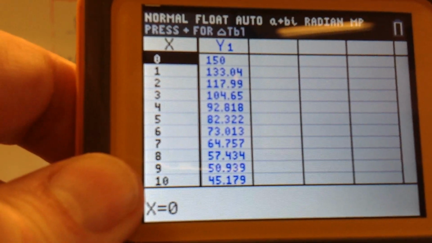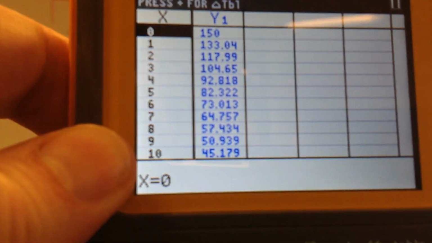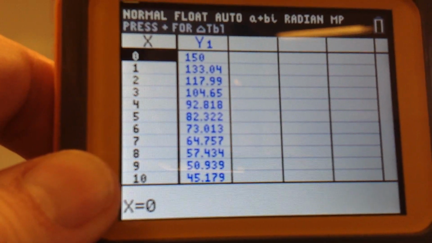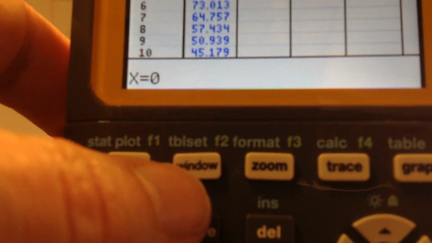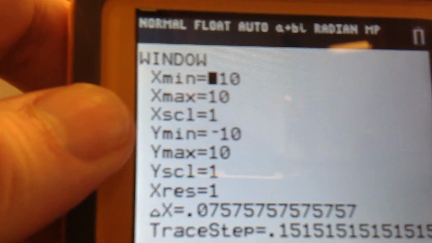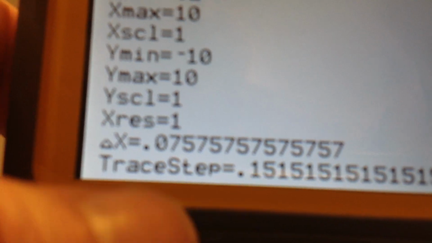Okay, so now you can see when x is 0, y is 150, and it goes down from there. So we really have to play around with our windows here, okay? So the t is being measured in hours, so I'm going to hit that window key. The t is measured in hours, so we're going to take positive values. I'll make the x minimum 0. I'll keep the x maximum at 10.